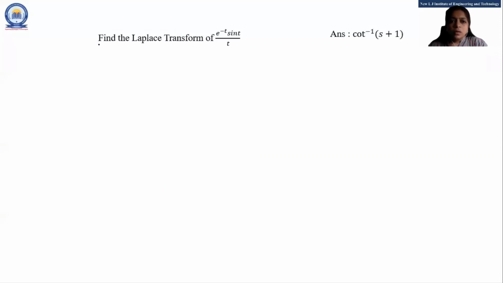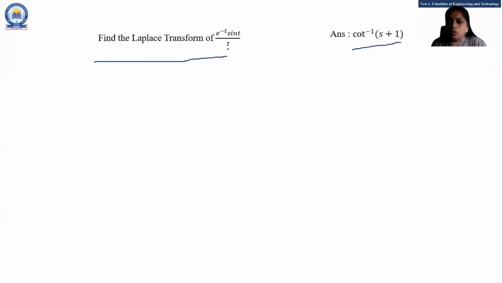Note down this example. This is for homework to do by yourself, and this is the answer. I'm giving you one hint for solving this example. First, see, what is your question? Your question is find the Laplace transform of e raised to minus t sine 2t upon t, right? Upon t is there.